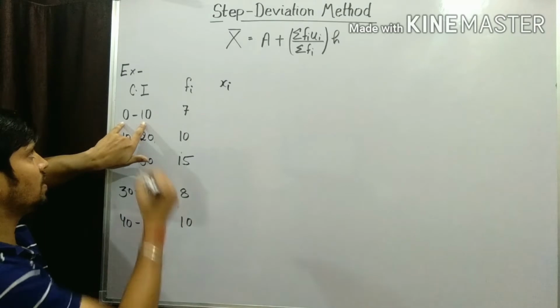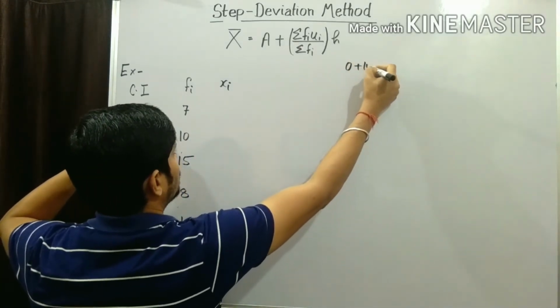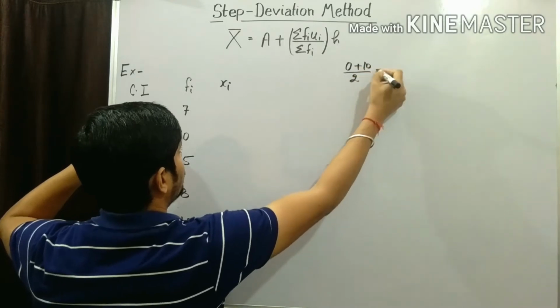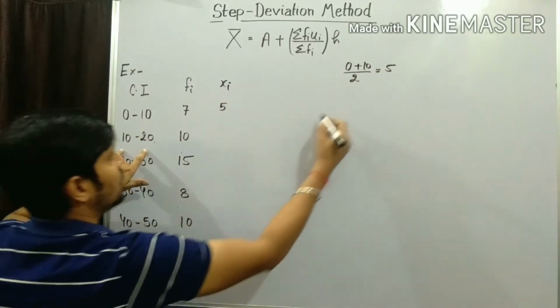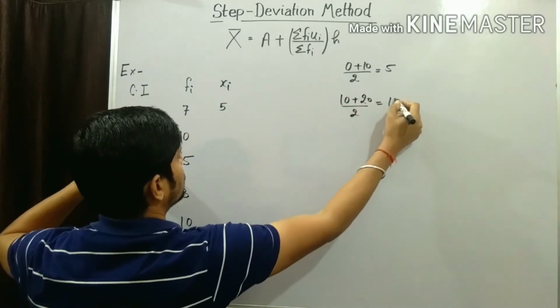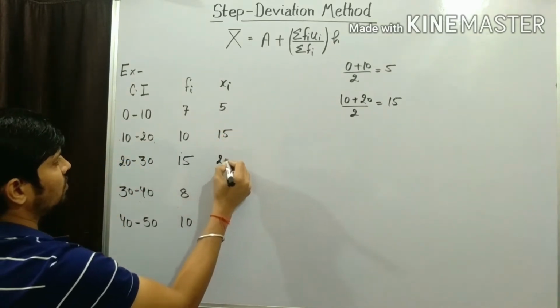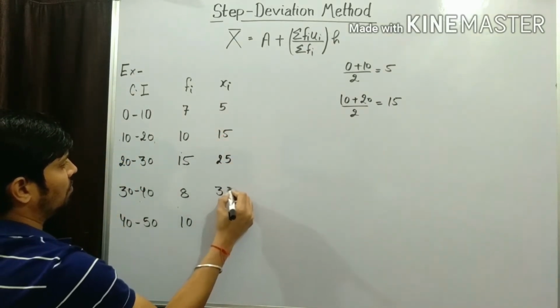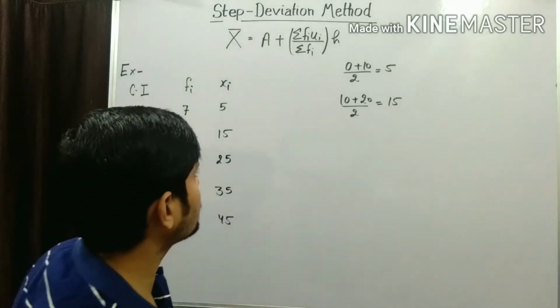The class mark is upper limit plus lower limit upon 2: 0 plus 10 upon 2, this is 5. Similarly here, lower limit plus upper limit upon 2, this equals 30 upon 2, this will be 15. Similarly, we will find the others. These are the class marks.